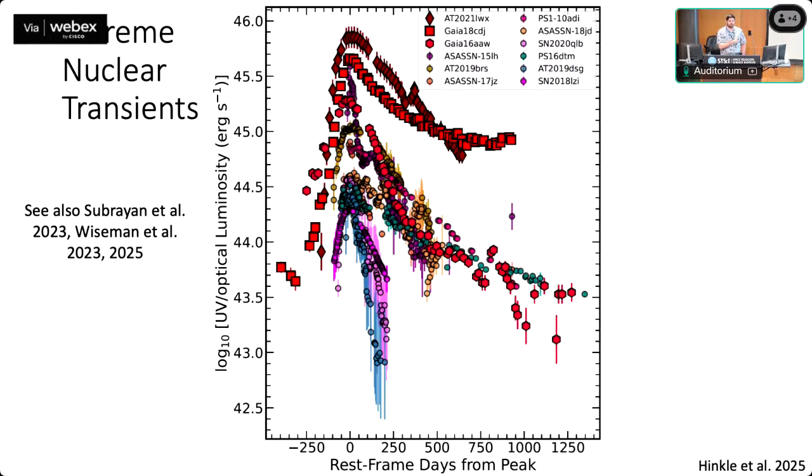And of course, that's what I'm going to tell you about today, is I think we've found these. And these are extreme nuclear transients. These are the sources shown in red up here. They're extremely luminous, right? Quite a bit more luminous than the typical TDEs that sit at a few times 10 to the 44. And they're also quite a bit more long-lived. And of course, this also means that they're much more energetic when you combine these two.